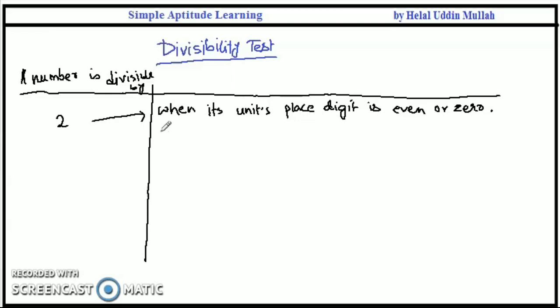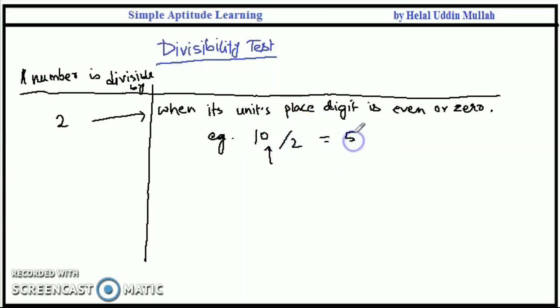Like we're learning here, a number is divisible by 2 when its unit place digit is even or 0. For example, 10: its unit place digit is 0, so it can be divided by 2.